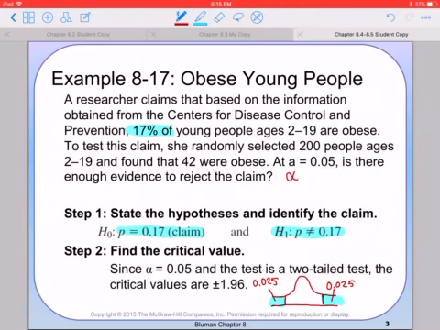If we look up 0.025 on the z table, we should be able to get 1.96. Since it's symmetric, when you look up 0.025 in the area, you get negative 1.96, and then that's how we get the other one. So this is negative 1.96, this is a positive 1.96.